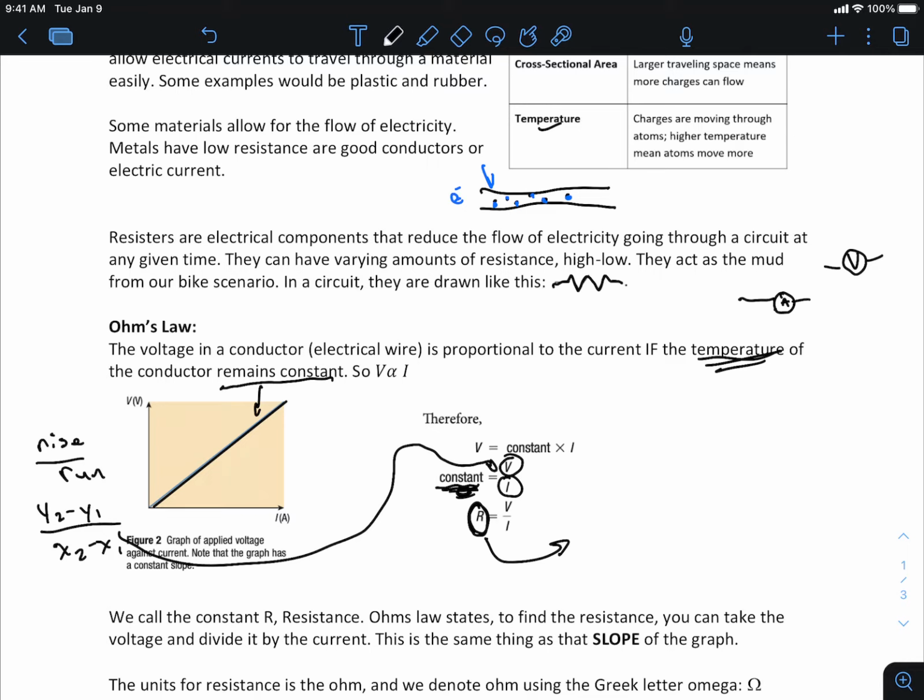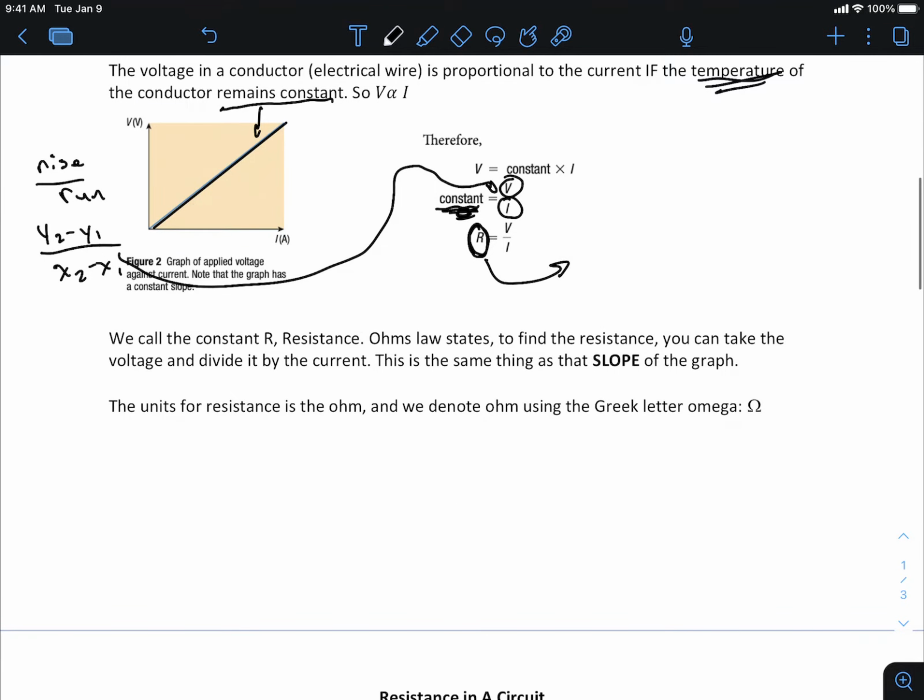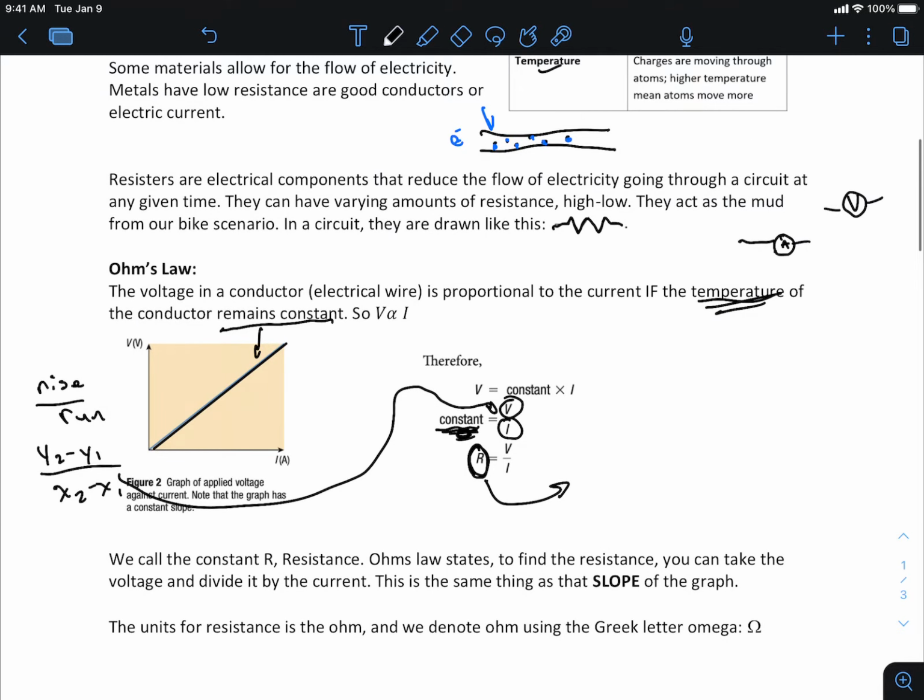You could also look at the units for voltage and current and how we actually arrive at those units, and it would spit out what we call the ohm, through dimensional analysis.